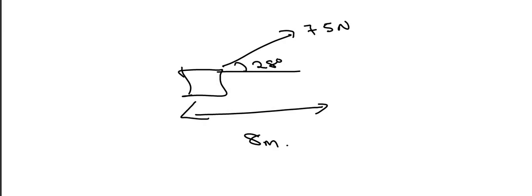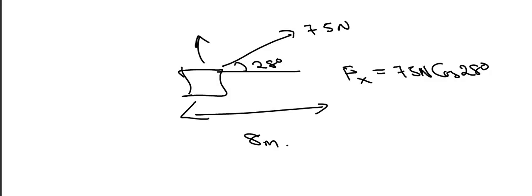So work should be with respect to the force parallel to the distance. We resolve the force into the x component, Fx is equal to 75 newtons times cos 28 degrees. Of course you have your y, 75 newtons times sine 28, but we have no use for the y because there is no friction or whatsoever.